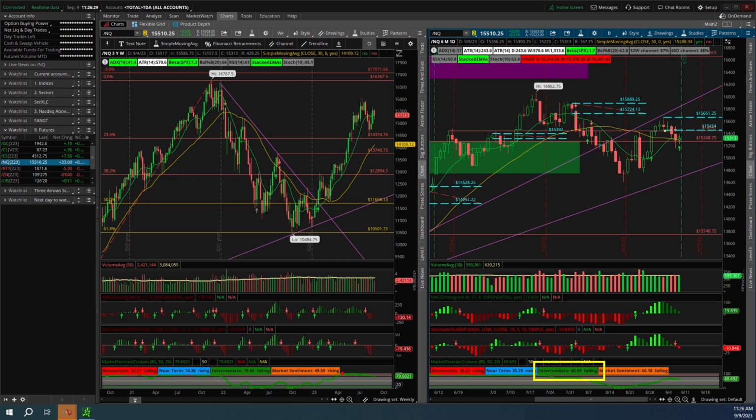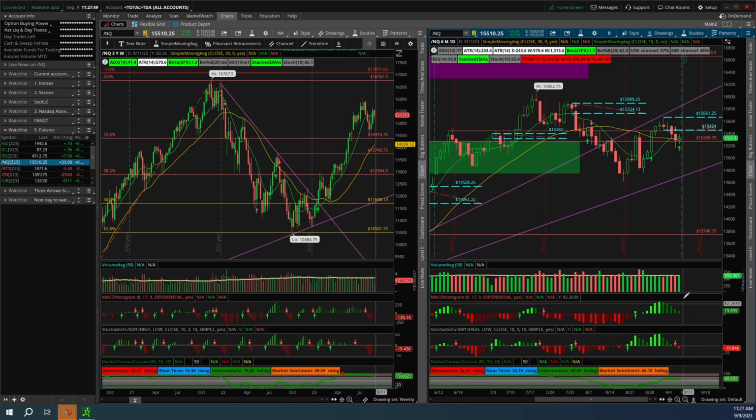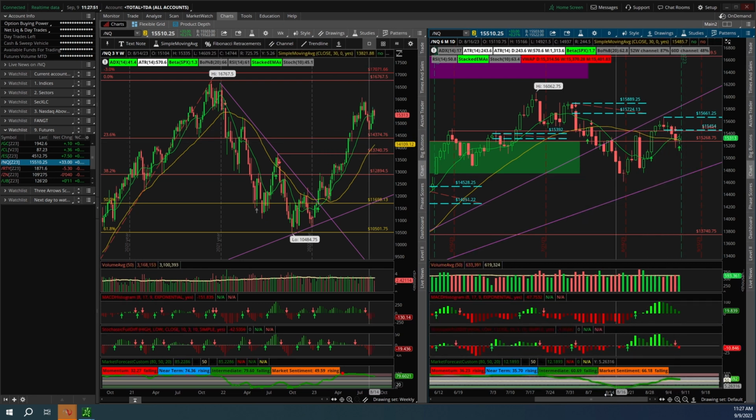But now we are doing higher highs and higher lows. So you do have here a low, and then a high, a higher low, a higher high, and then it seems that we're marking here a higher low. So we will see. Momentum is down, intermediate is also falling.